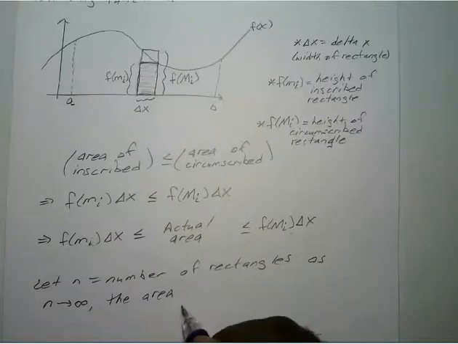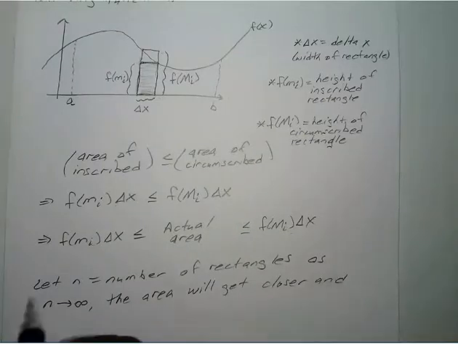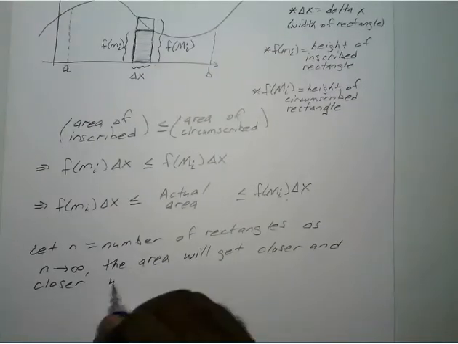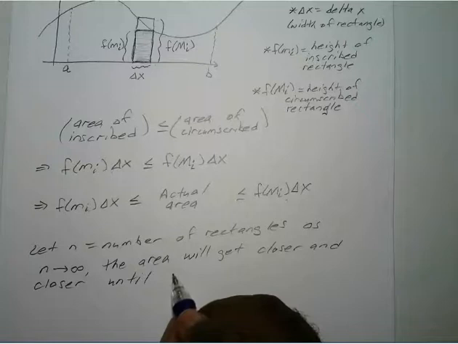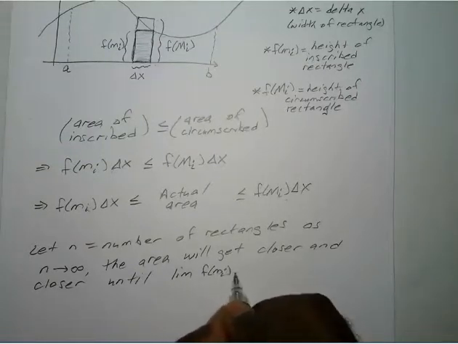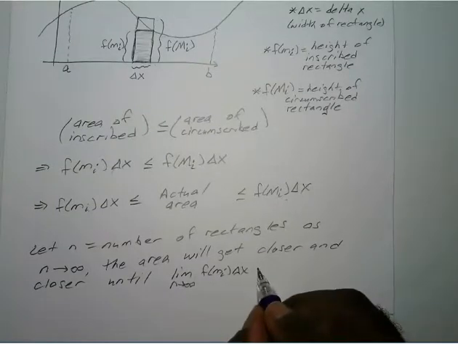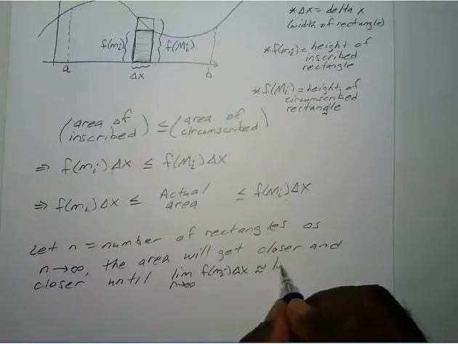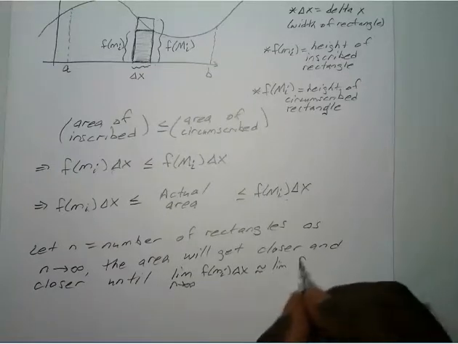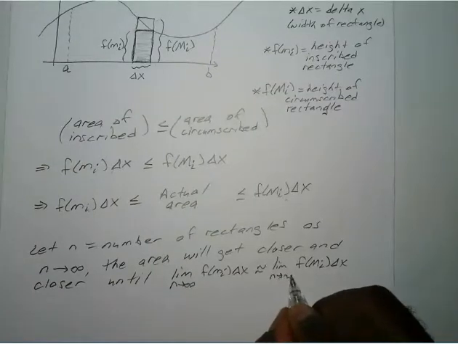The area will get closer and closer until the limit of your inscribed rectangles will approximately equal the limit of your circumscribed rectangles as n approaches infinity.